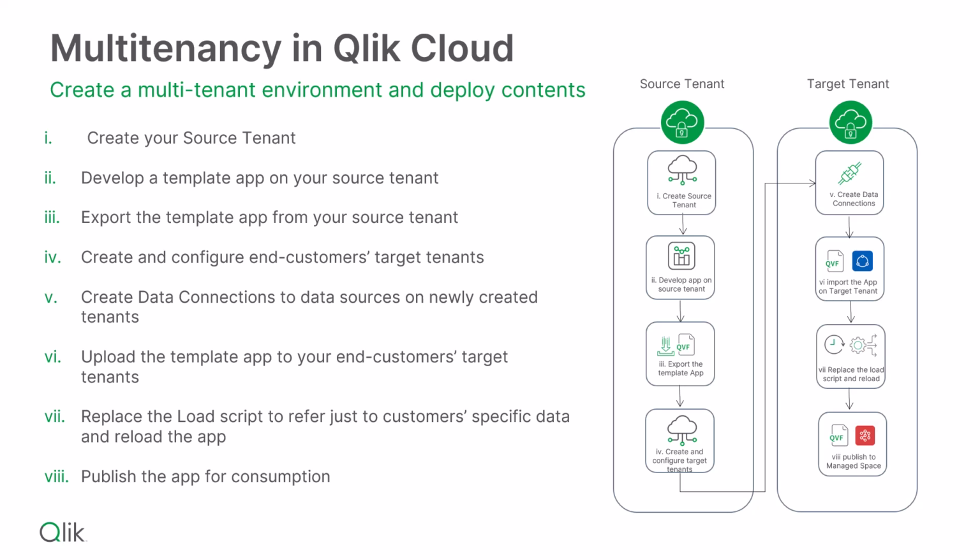Then creating a data connection to the data sources from where we need to reload the data, and then uploading the template app exported from the source tenant to the new end customer's target tenant. Last but not least, we are going to replace the load script to refer to the customer-specific data and then reload the application. As soon as the application is ready for consumption, we can publish the app into a managed space so that the user can start to analyze data.